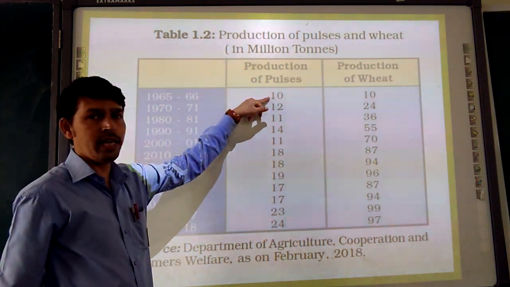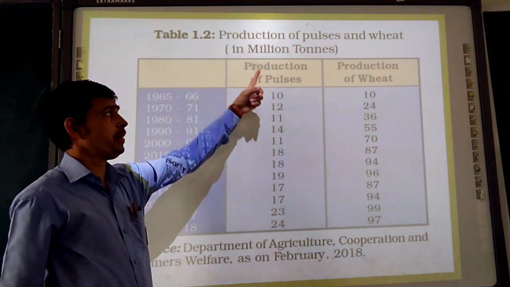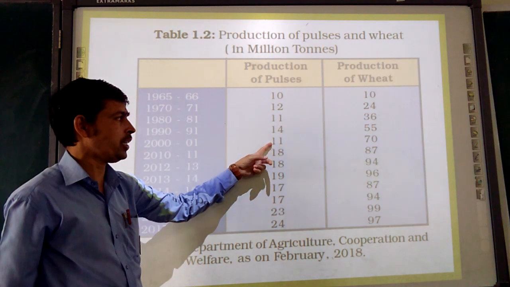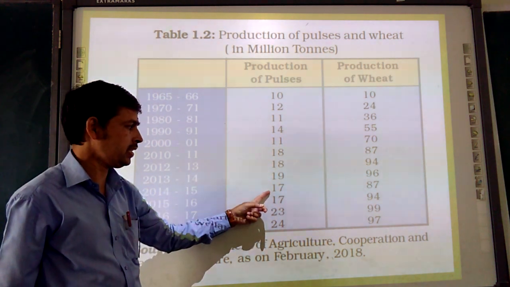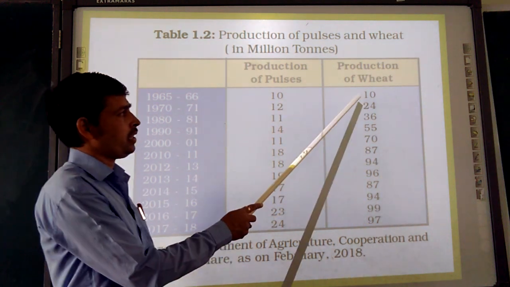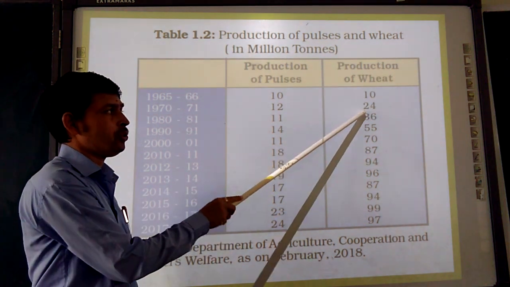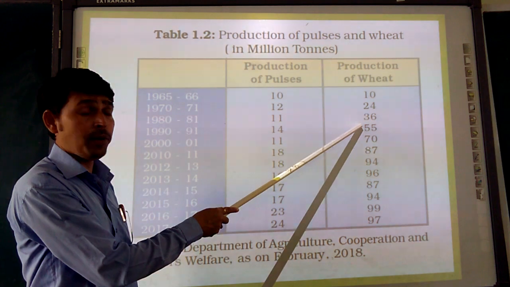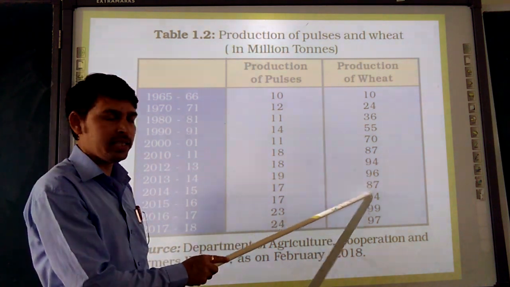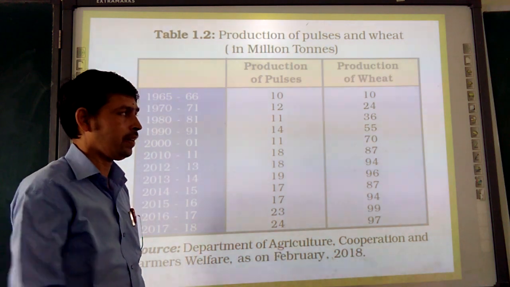So here it was 10 million tons. It moved to 12. Again 11, then 14, 11, 18, 18, 19, 17, 17, 23, 24. But see here, 10 directly jumped to 24, 36, 55, 70, 87, 94, 96, 87, 94, 99, 97.